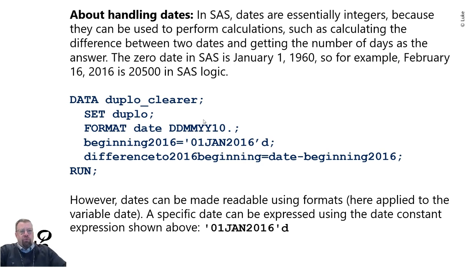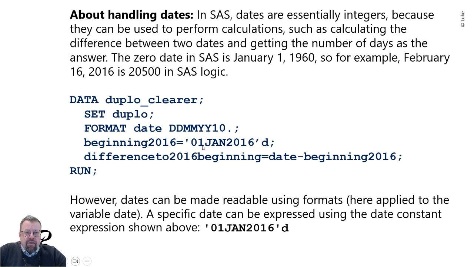Then another useful tool when you are working with dates is the date constant, which is used here. So if we want to save, for example, the beginning of 2016 as a value in a separate column, in a format that can then be used in the calculations, we can use this date format, within single quotation marks.